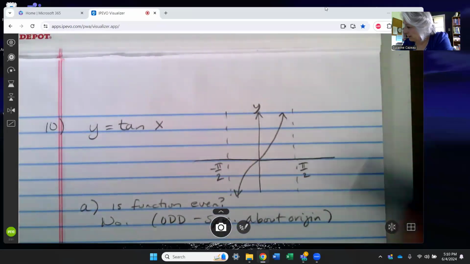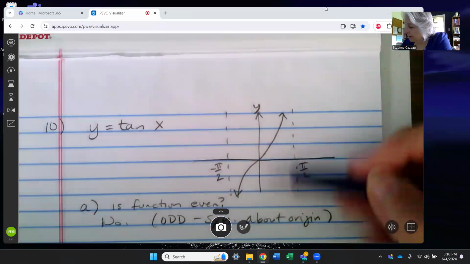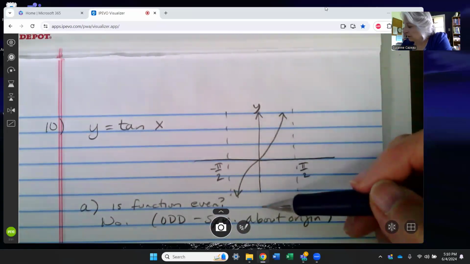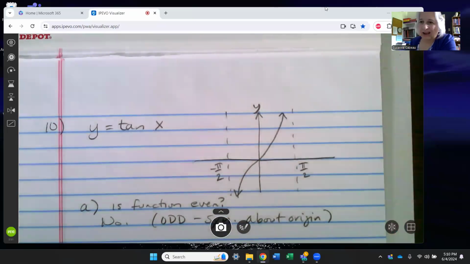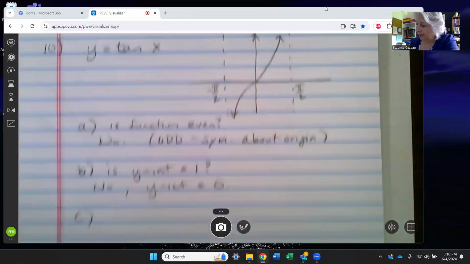It's going to go again, and then you got another pi. Anyway, but the range is going to be, they're asking about the range. The range goes down and then up forever. So it goes up and down forever in both directions, right?